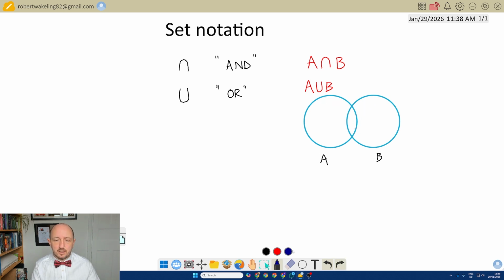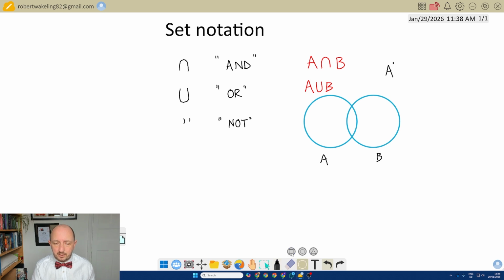Okay. The last one that we're going to focus on for this level is an apostrophe, which when it's printed, kind of looks like a little tiny line like this. And this is "not". So you might see something like A with a little apostrophe like that. We read that as "not A".